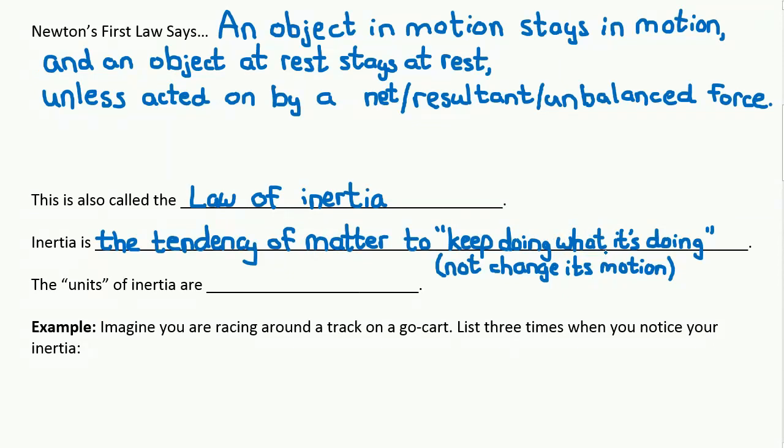If they're at rest, they want to stay at rest. If they're going 90 kilometers an hour down the highway, they want to keep going 90 kilometers an hour down the highway. And that's their preference. You can get them to do other things, but that's where you need a net force to act on them.